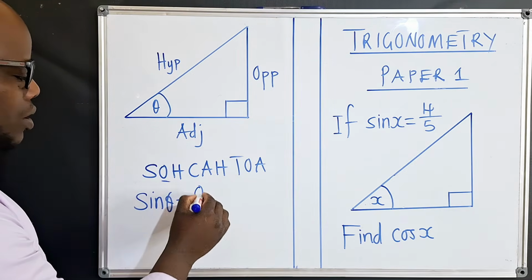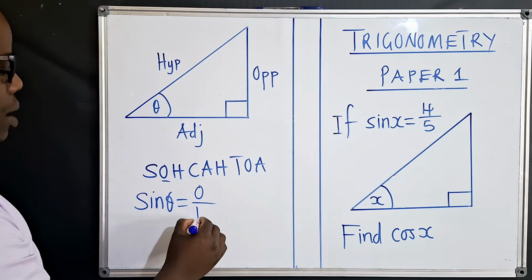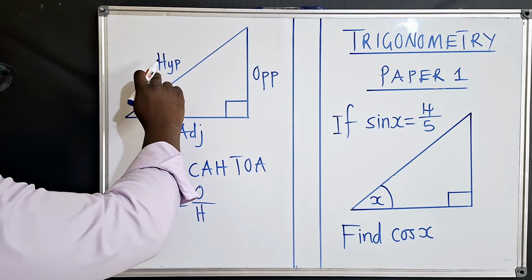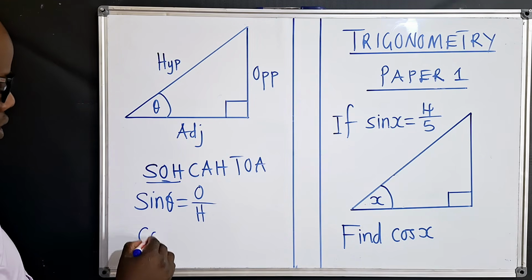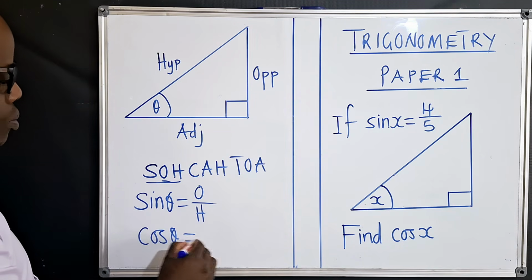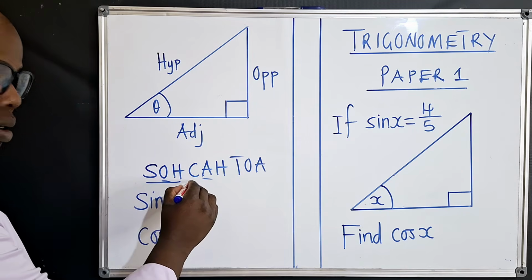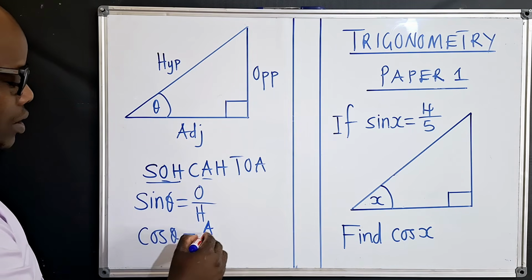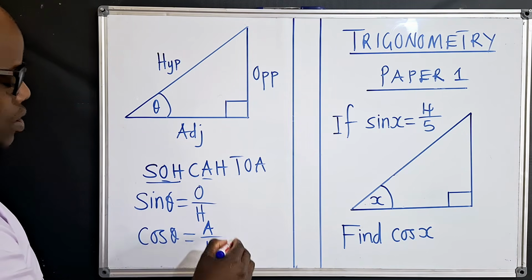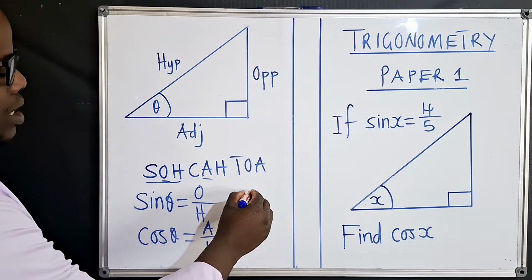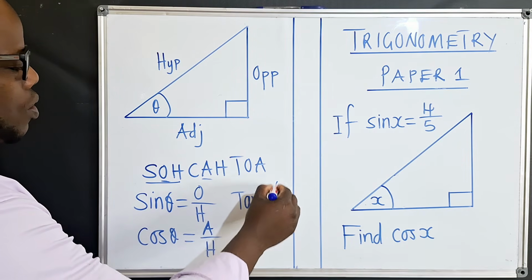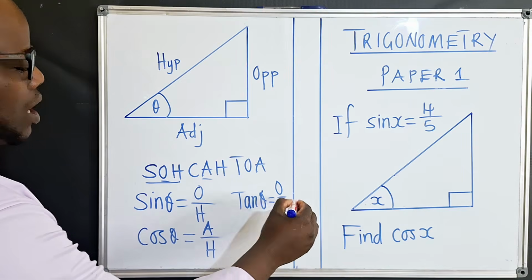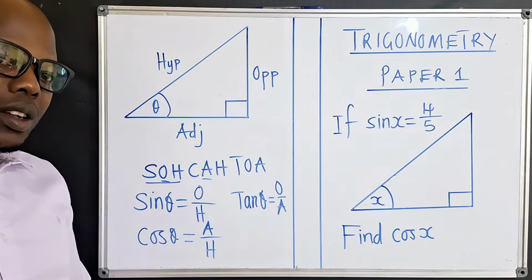So it's opposite over hypotenuse, from SOHCAHTOA. And then cos theta will be equal to adjacent over hypotenuse. And then tan theta will be equal to opposite over adjacent. Are you able to see that?